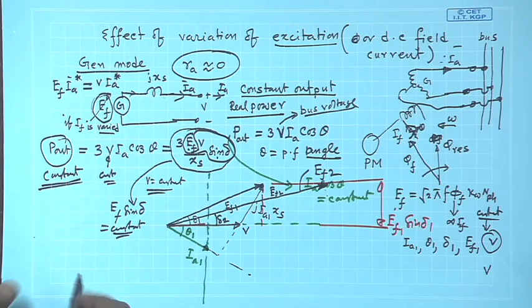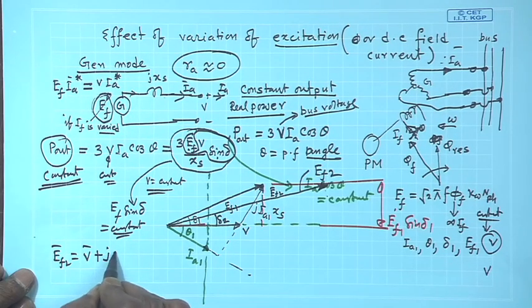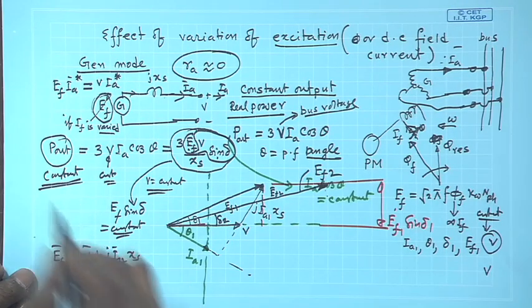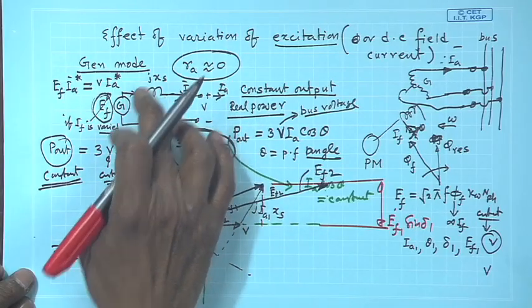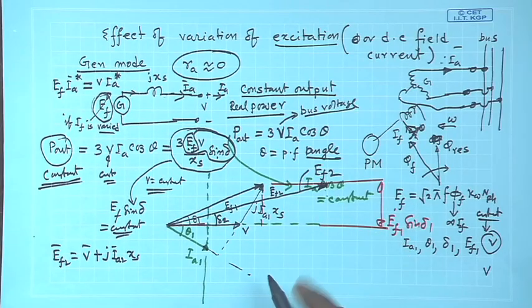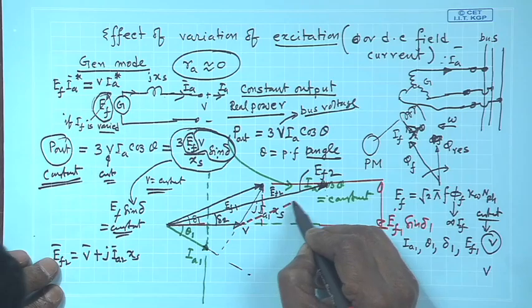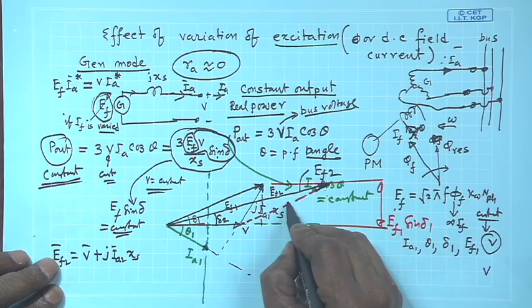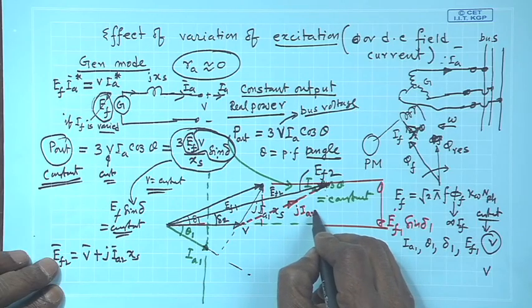and on the top of this, E f 2 will be equal to V plus j I a 2 x s. V plus I a j x s is your E f. So, E f 2 will be here. Then I must say V, this length, follow me carefully, this length must be your j I a 2 x s.